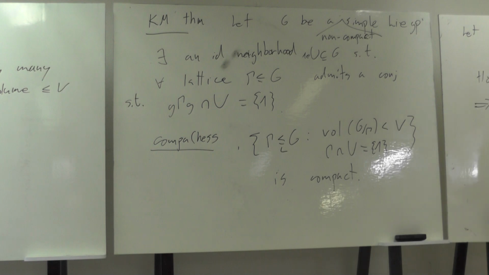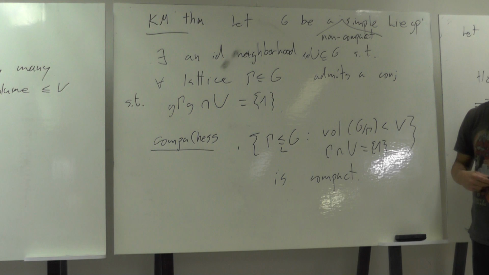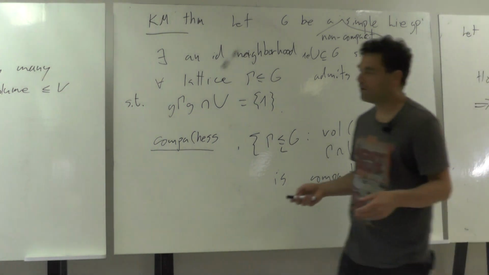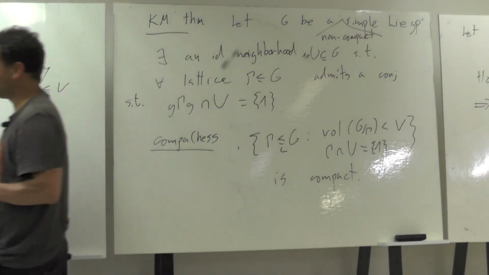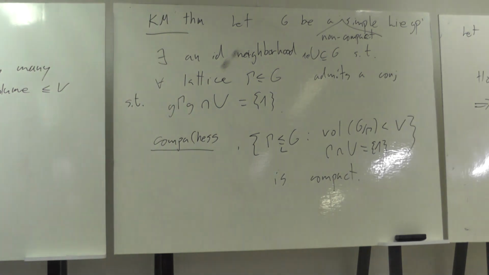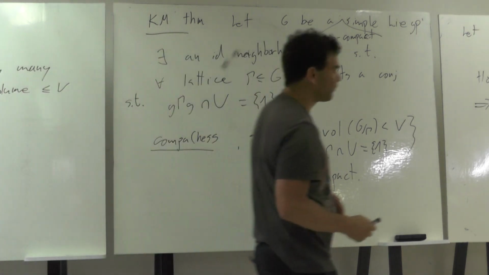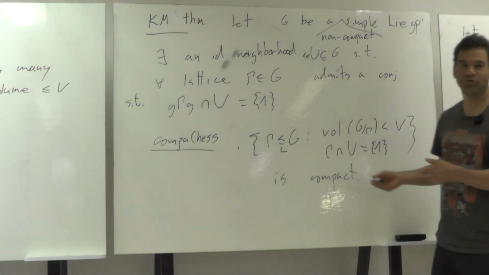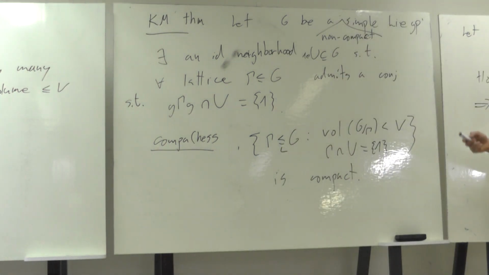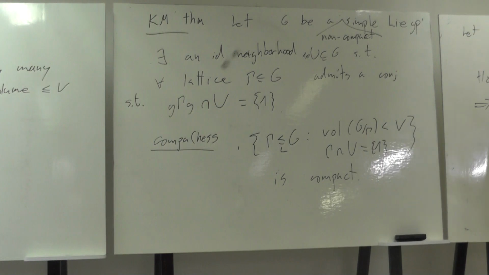This is compact in the right topology. And the right topology, which Nicola defined non-explicitly, is called the Chabauty topology, the topology of closed subgroups. So a sequence of subgroups converges to a group if any point in the limit is a limit of points in the sequence. Who has never heard about the Chabauty topology? Okay.